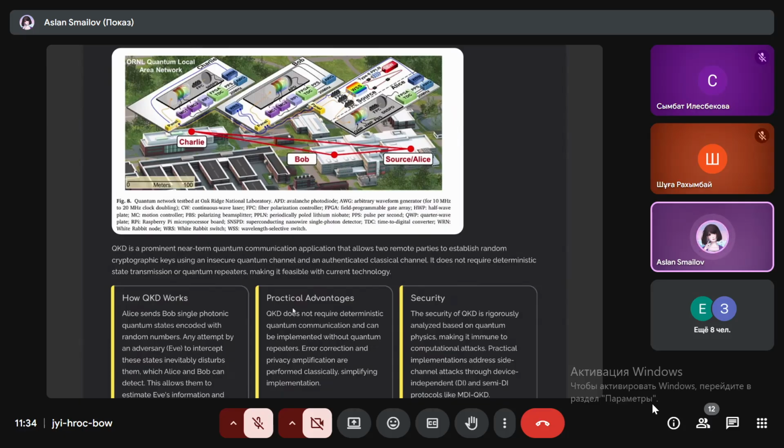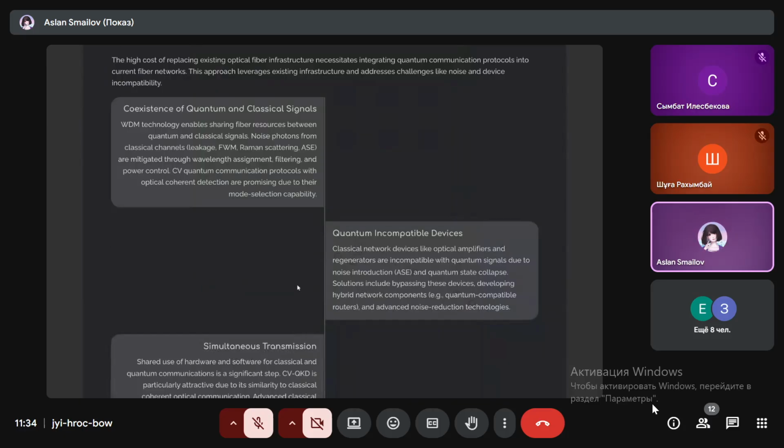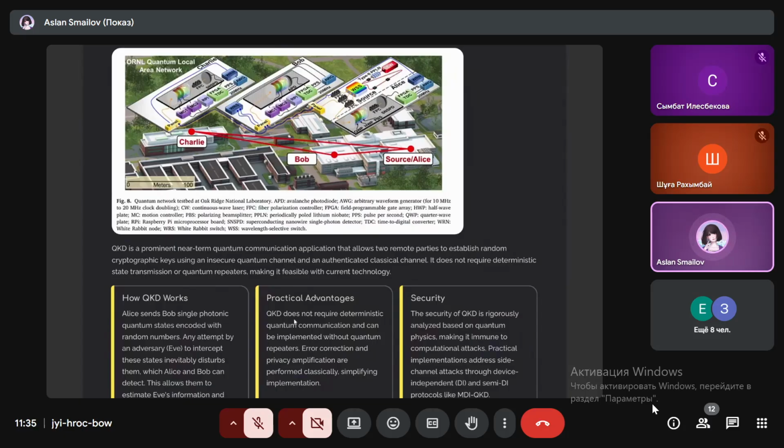And the practical advantage: QKD does not require deterministic quantum communication and can be implemented without quantum repeaters. Error correction and privacy amplification are performed classically, simplifying implementation.